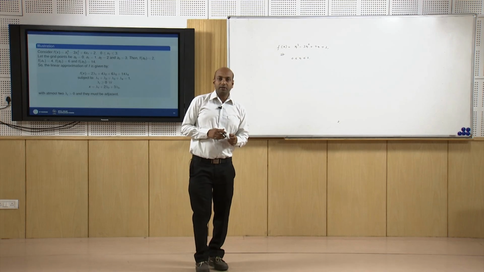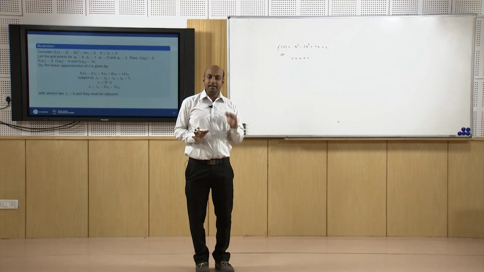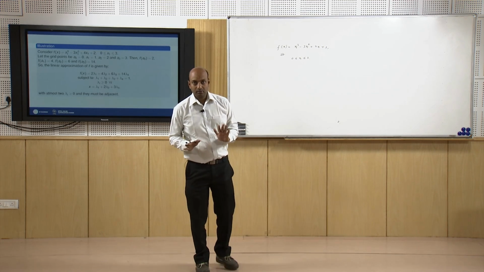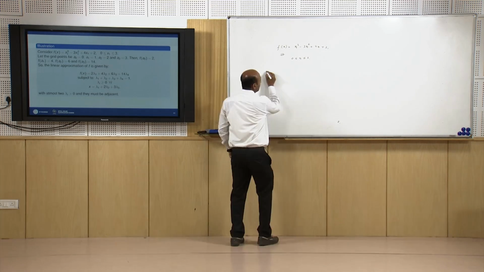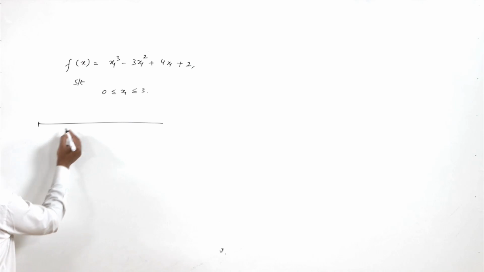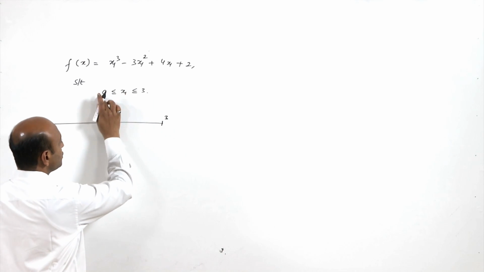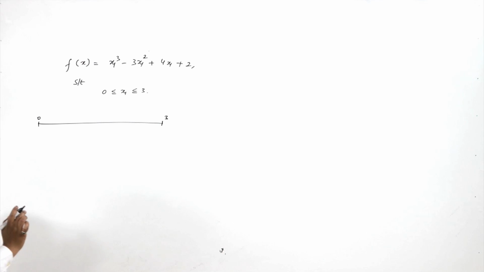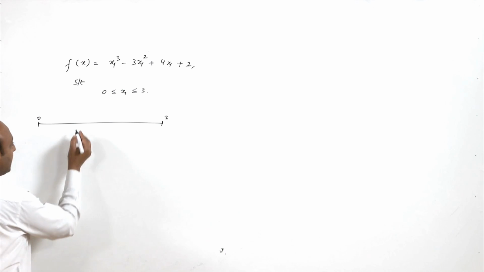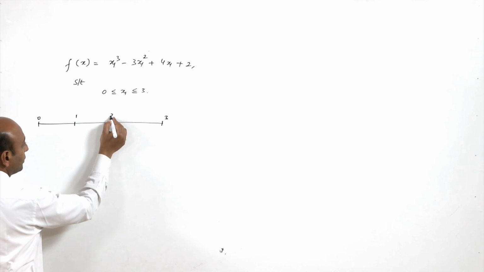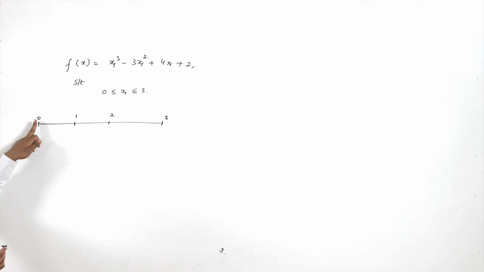So, first we find the grid points, finding grid points is in our hand. So, we take grid points like this, it is 0 and it is 3. You see x1 is between 0 and 3. So, we can divide grid points as 1 and 2. So, 0, 1, 2, 3, these are grid points.